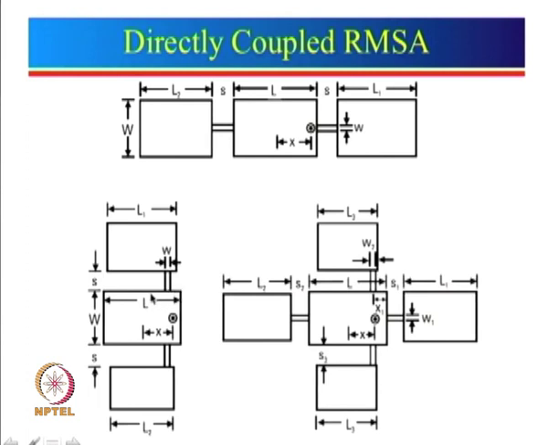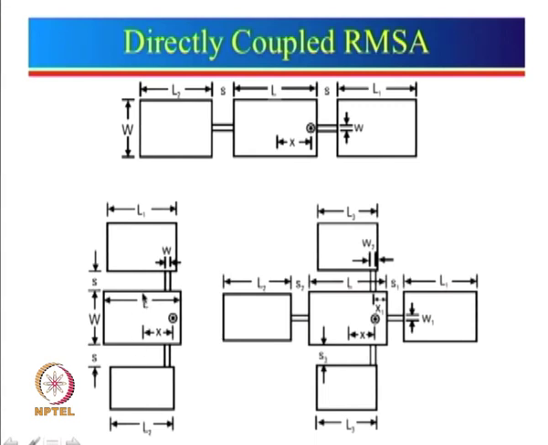That means this is plus here, 0 here, minus here. So, it varies sinusoidally, plus, 0 and going to minus here. So, if we connect right at the center here, actually speaking there will be absolutely no coupling to this particular patch because the field is 0 here.